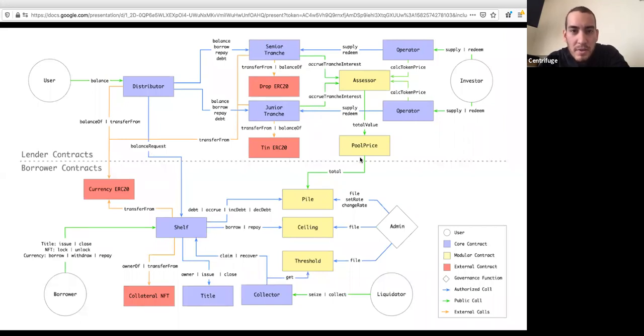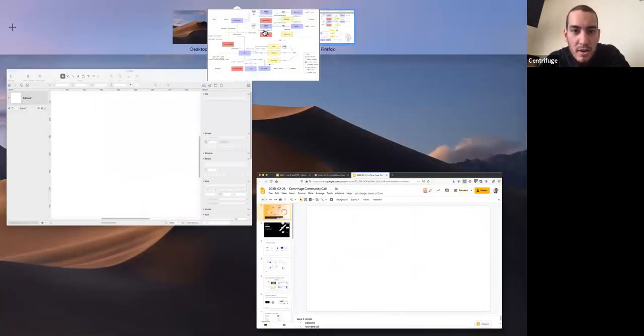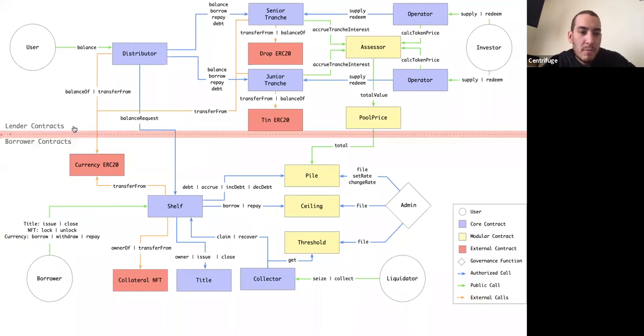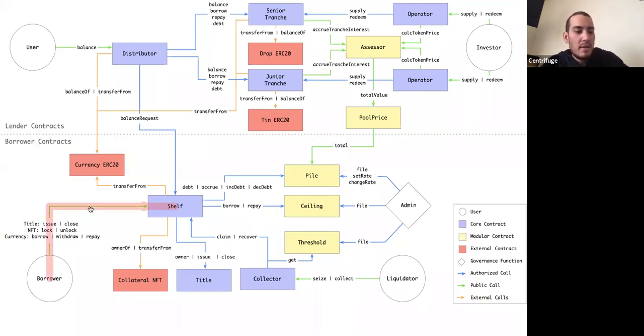For that, I'll switch into this illustration tool. This is the graphic that I showed you at the very beginning, where I had the borrower side on the left and the lender side on the right. We now have the same graphic with the difference that the borrower is in the lower half of the screen, and the lender contracts are on the upper half of the screen.